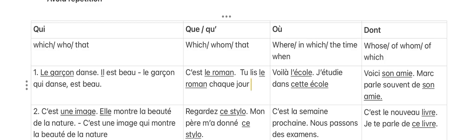In these two sentences, the underlined word is le roman, which is also repeated. To avoid this repetition and at the same time to join these two sentences into one, we will be using the simple relative pronoun que. Let's see how.